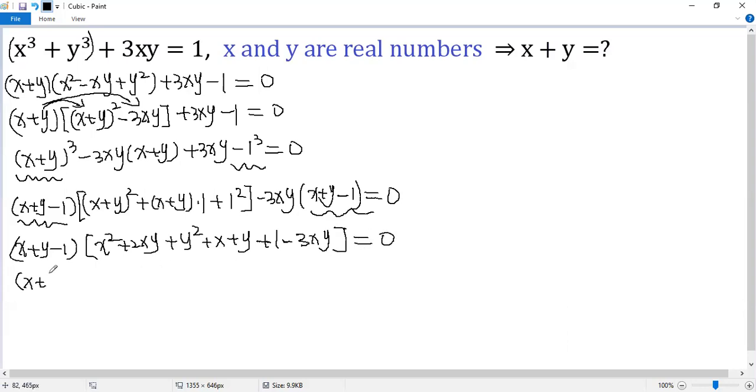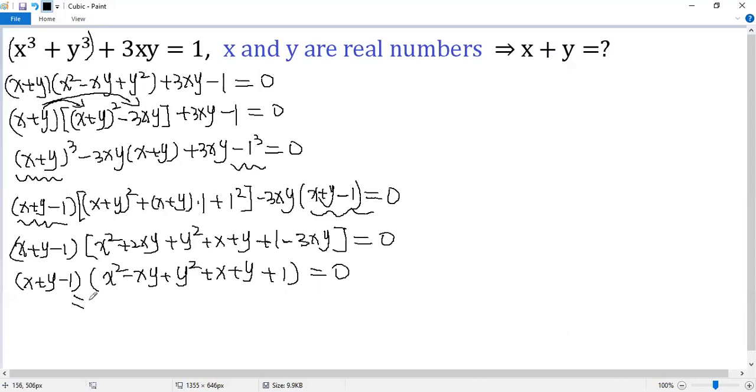So we get (x plus y minus 1) times the combined terms: x squared, 2xy minus 3xy so minus xy, plus y squared, and then plus x plus y, and then plus 1 equals 0.